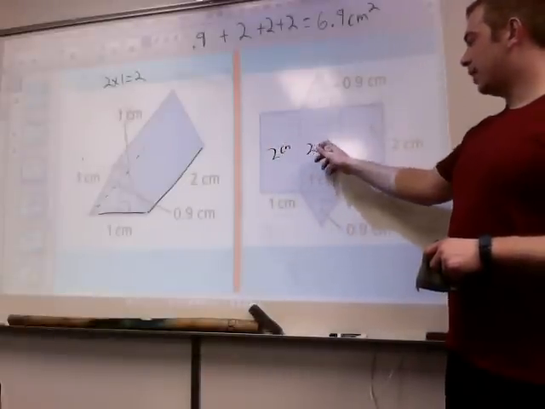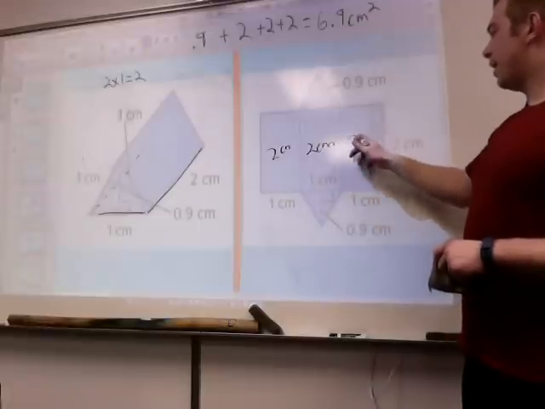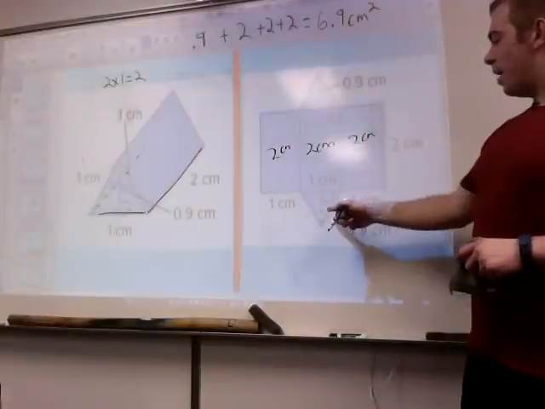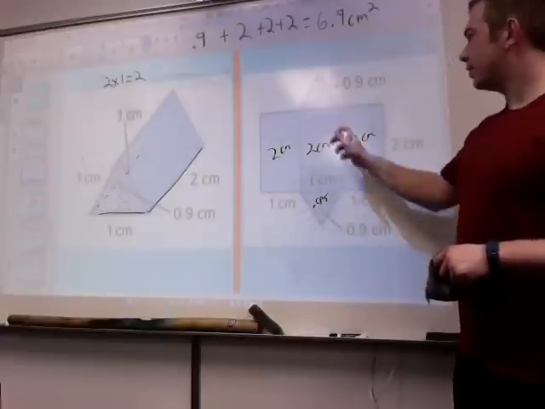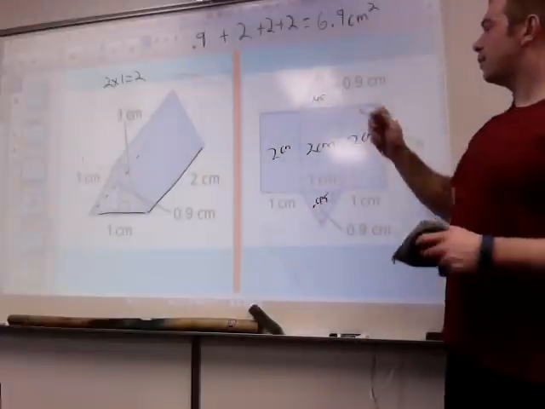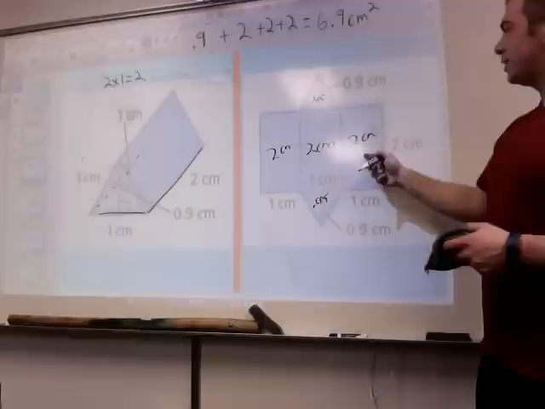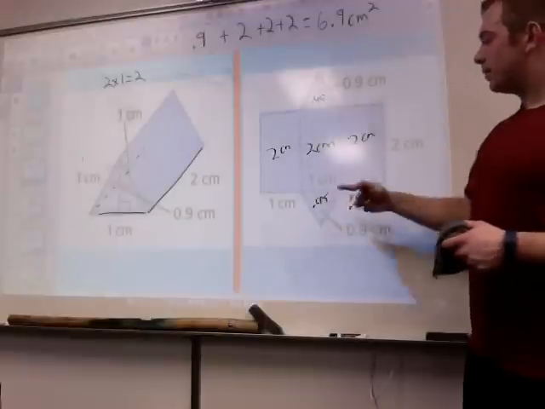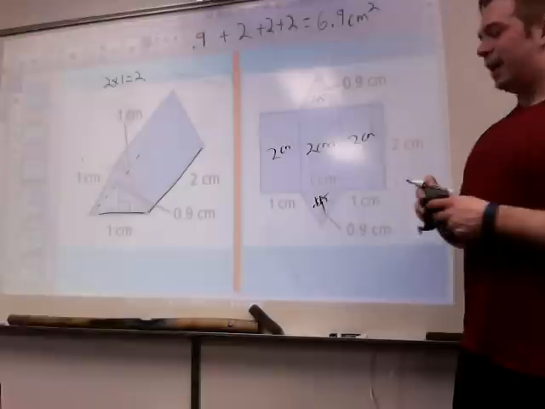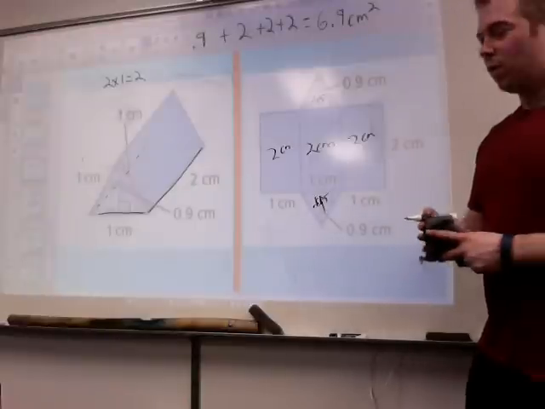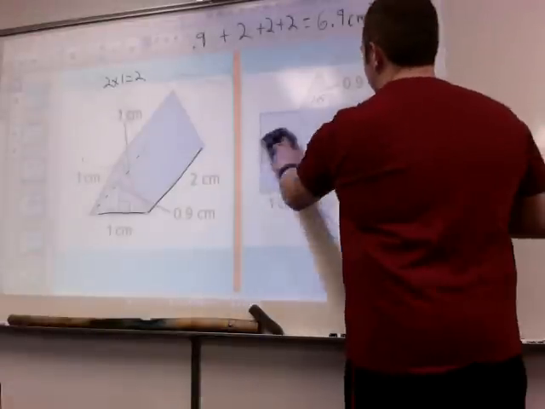This would have been 2 centimeters. This area is 2 centimeters. And then this area would have been 45 hundredths. And when I add it all up, 2, 4, 6, and 45 hundredths plus 45 hundredths equals 9/10. So therefore, 6 9/10 is my answer.